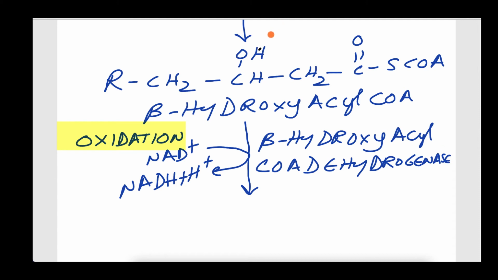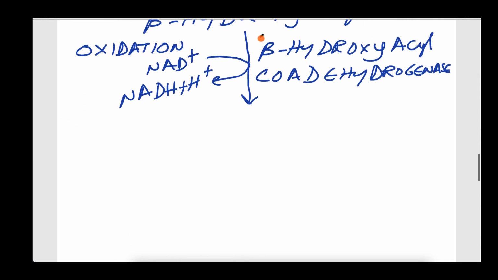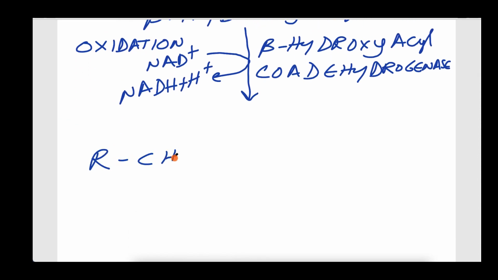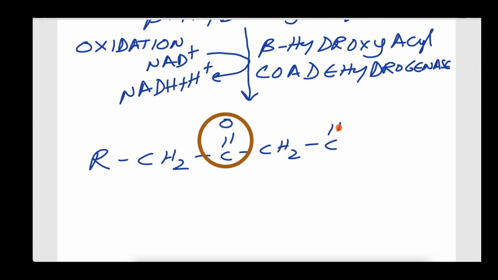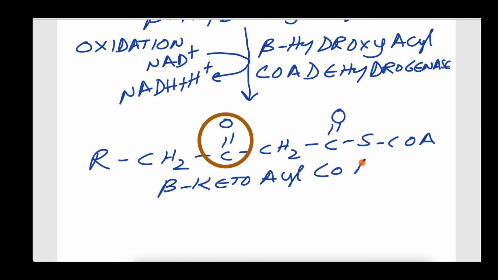Here dehydrogenation takes place, leading to formation of beta keto acyl coenzyme A.